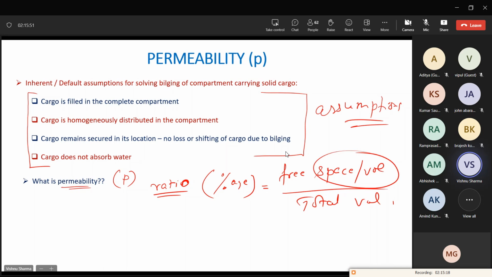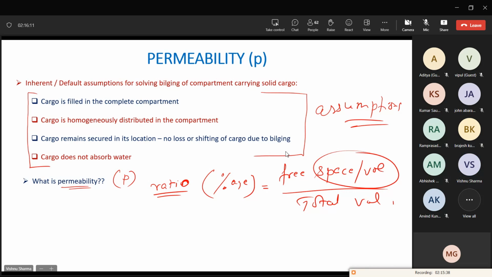So suppose a compartment has a total volume of 1000 cubic meters. If I say its permeability is 70%, that means 70% of the volume is available for the water to occupy.